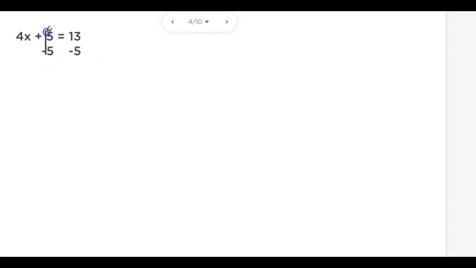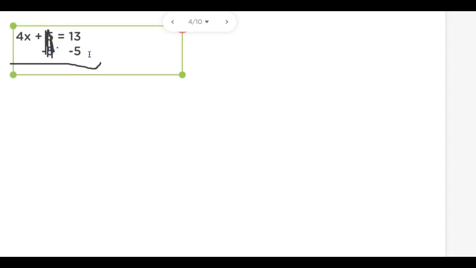This gives me my 0 pair, right? And then you're left with basically 5 minus 13. And you basically have your 4x equals 5 minus 13 gives you, yeah, that's correct, 8.